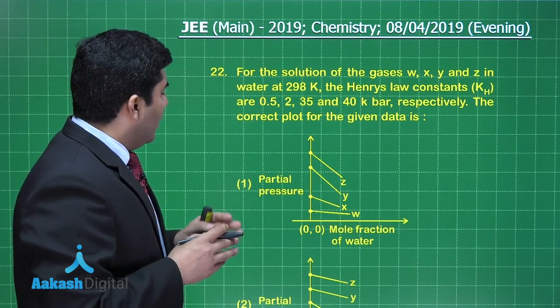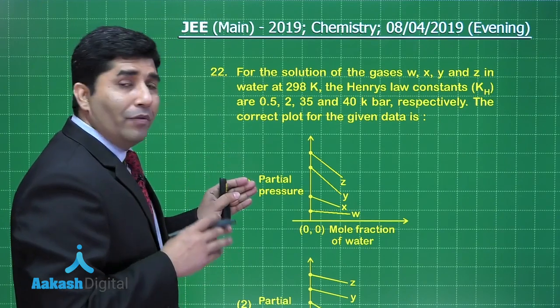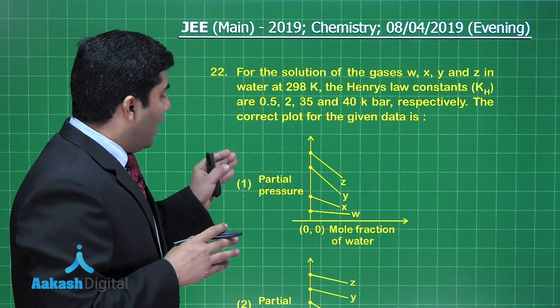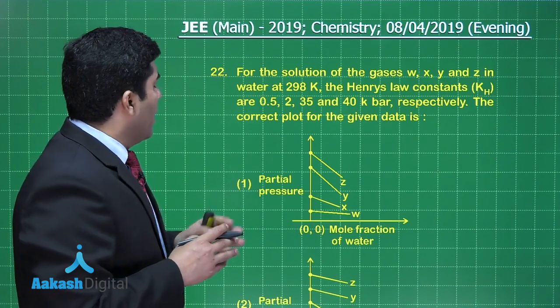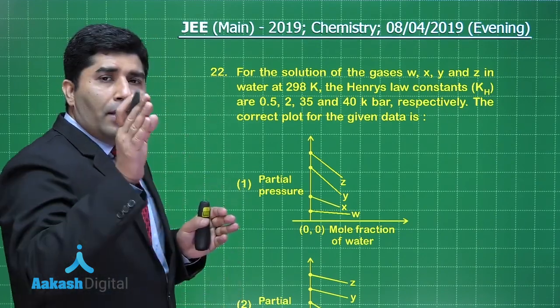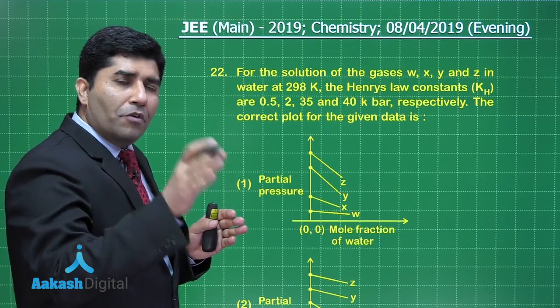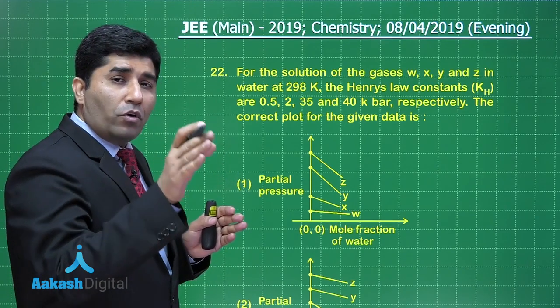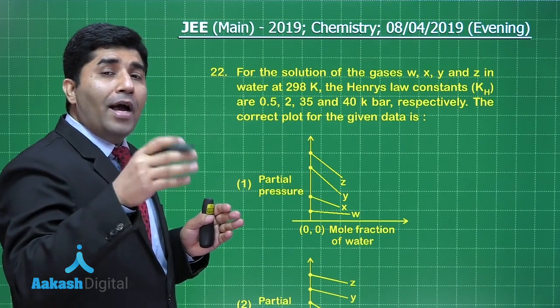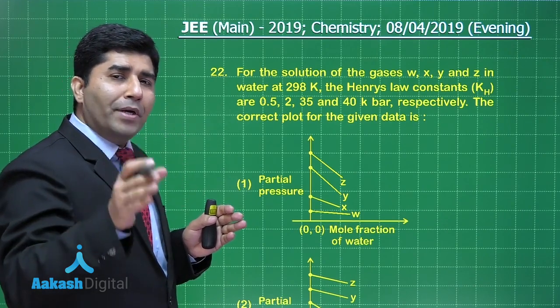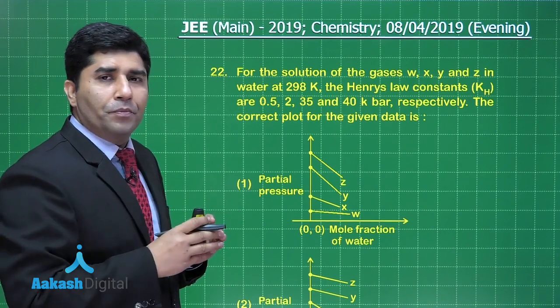So what he has done, he has drawn the graph between the partial pressure and the mole fraction of water, right? Now we know that the lesser the value of Henry law constant KH, the higher will be the solubility, the higher will be the mole fraction of that particular gas in water, right?